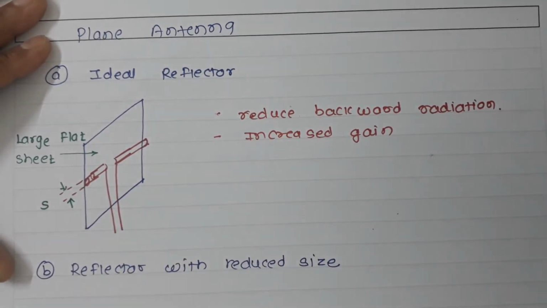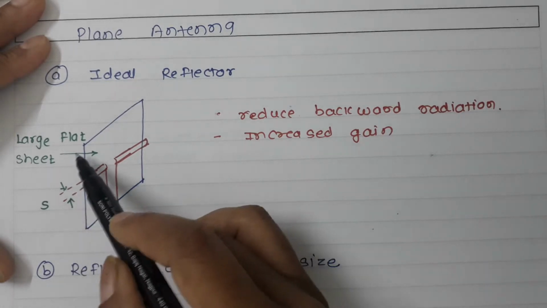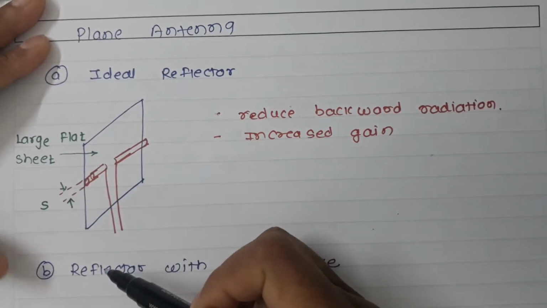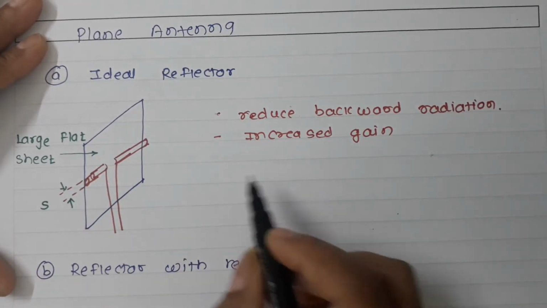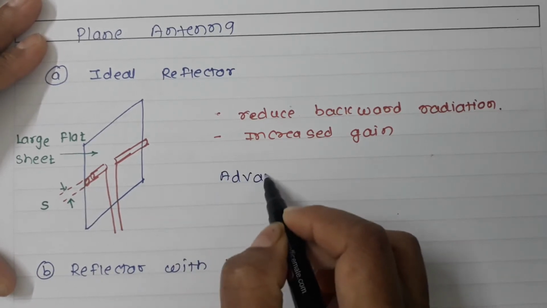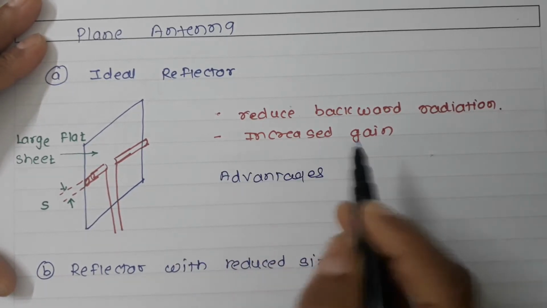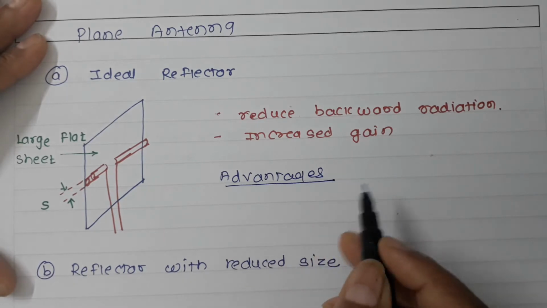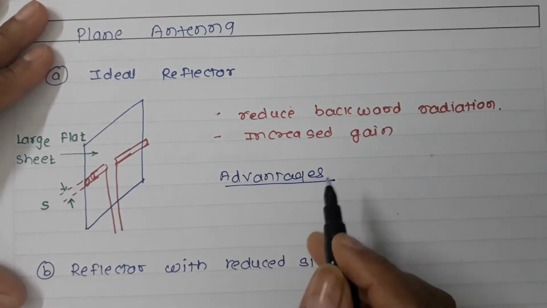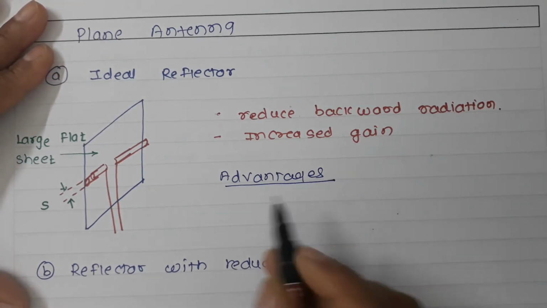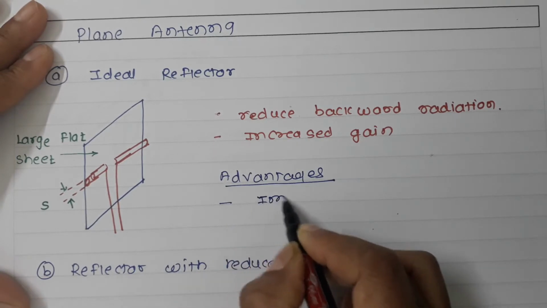Now here, as we can see, this is ideal because of its large area, the reflections will be large. What are the advantages of such an arrangement? The first advantage is that this is an ideal reflector and you can analyze it with the method of image theory.